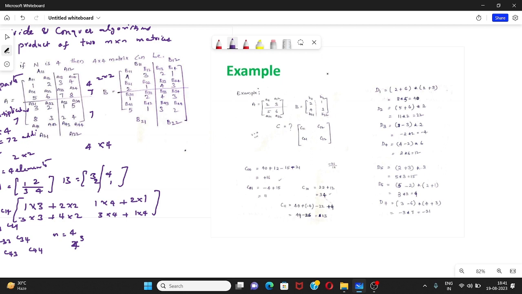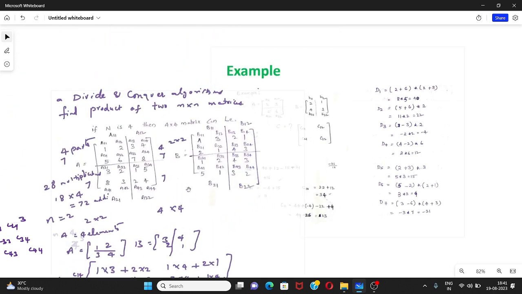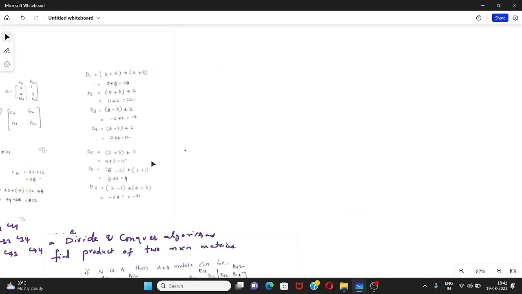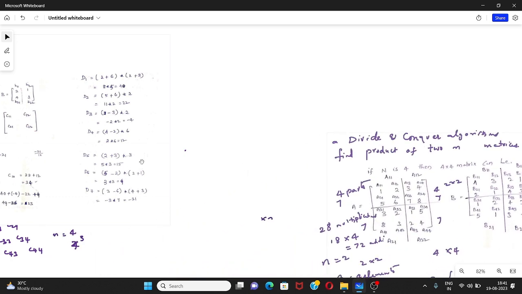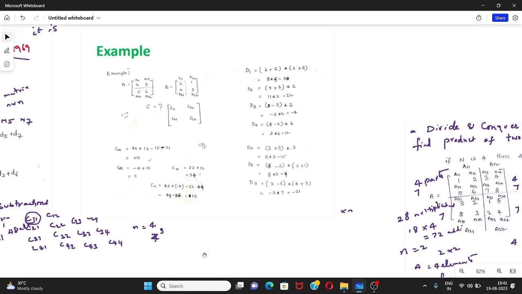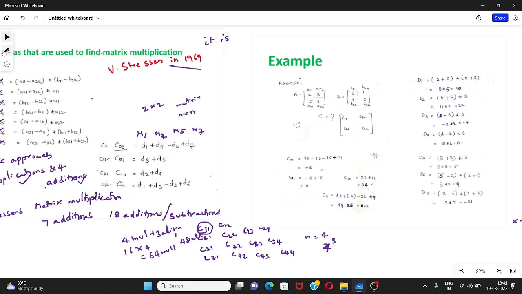So what we have to do is recall the formulas in order to perform this multiplication. Okay, so let me consider like this. Now you can see for finding M1, how can we do it? We can take A11.